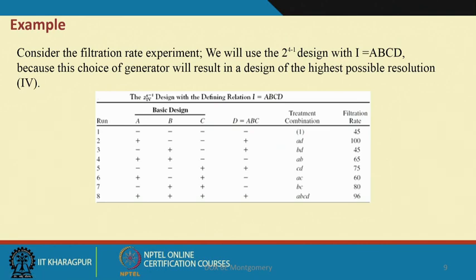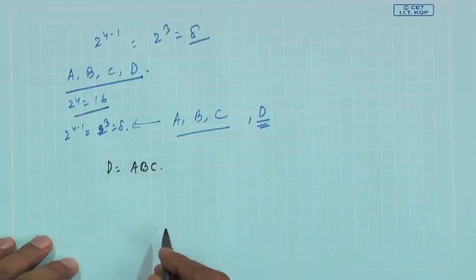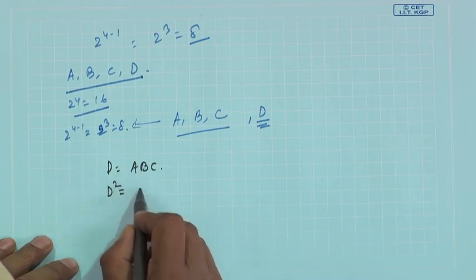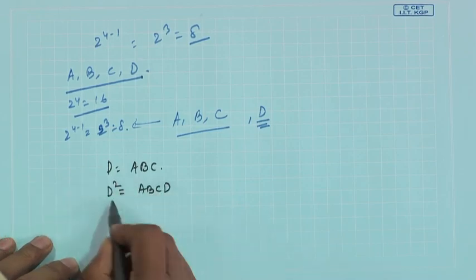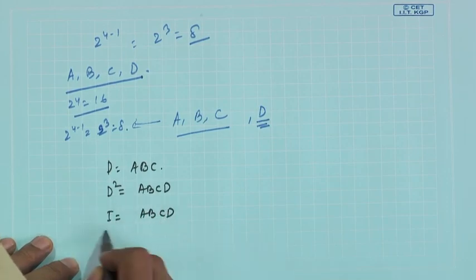So, if you use D equal to ABC here, then if I multiply this with D, it will be D square, then it will be ABCD, and D square means I equal to ABCD.